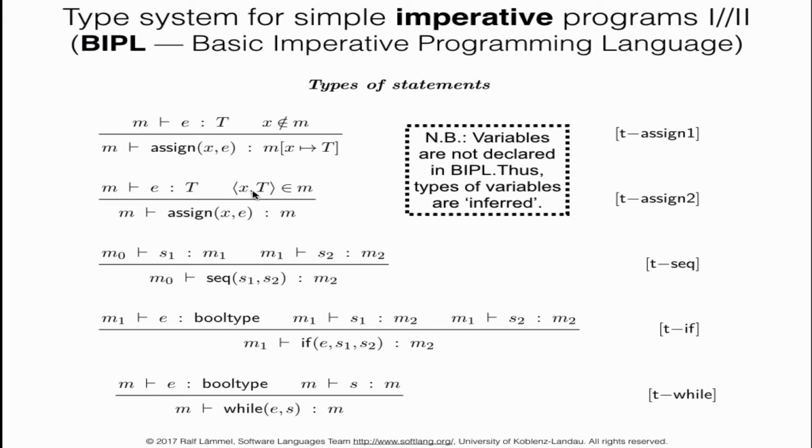And for the case that X already had a type assigned in the type assignment, we have a second rule for assign.